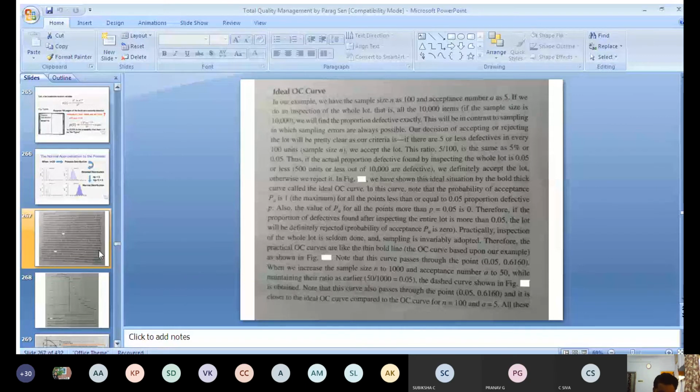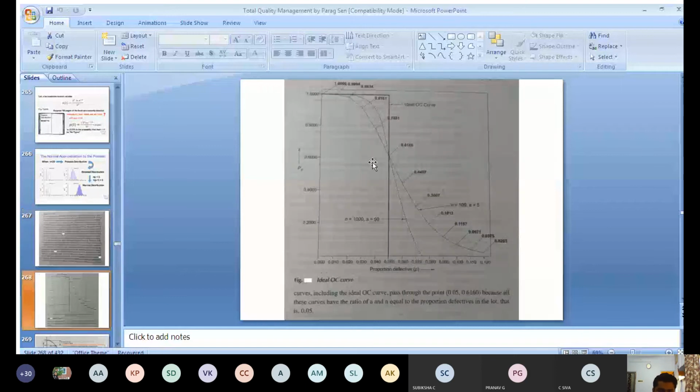Suppose your lot has 0.6% or 0.7%, sorry.